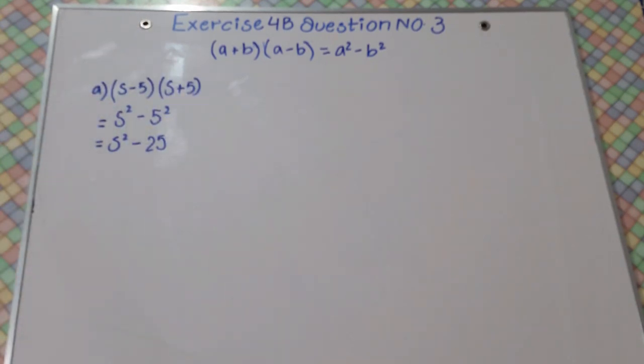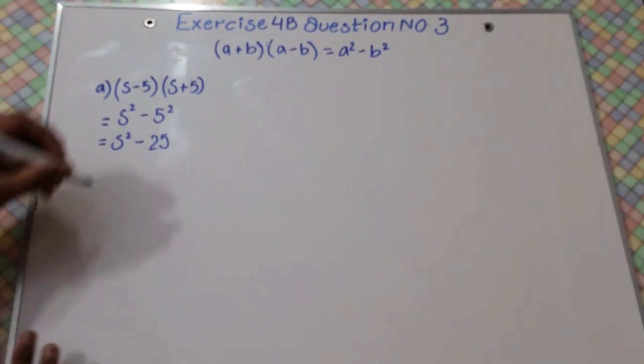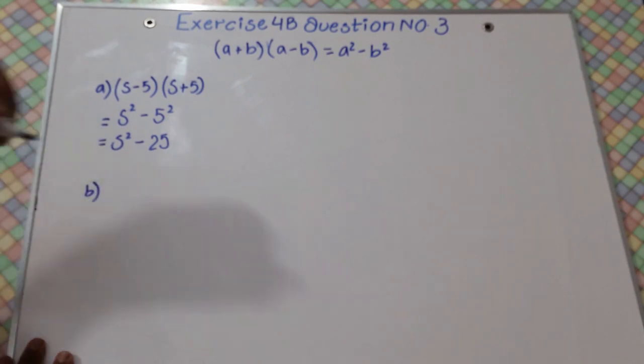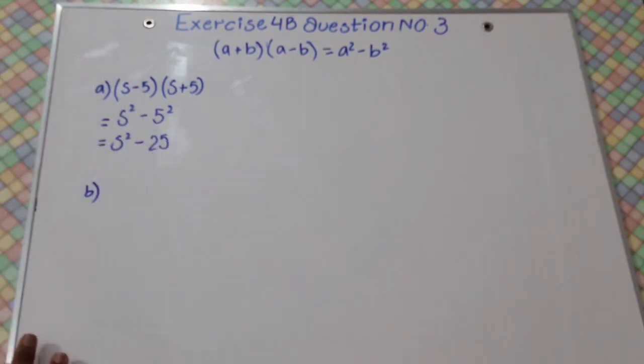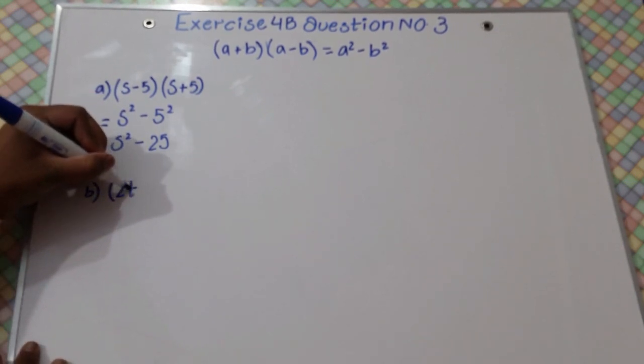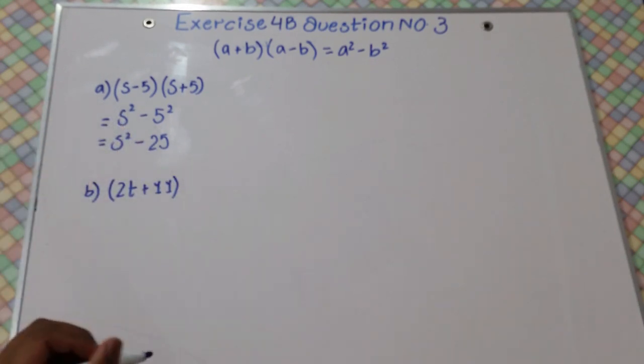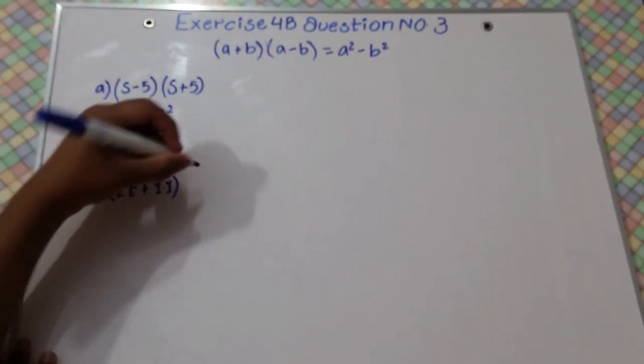Okay, so now let's move towards part B. So in part B, we are having the same thing. The whole question follows the same identity. So it's 2t plus 11 and 2t minus 11.